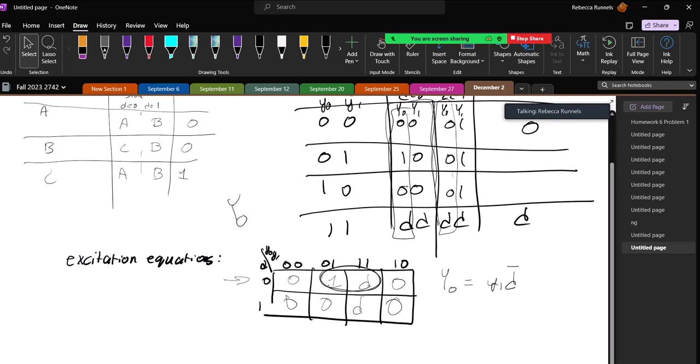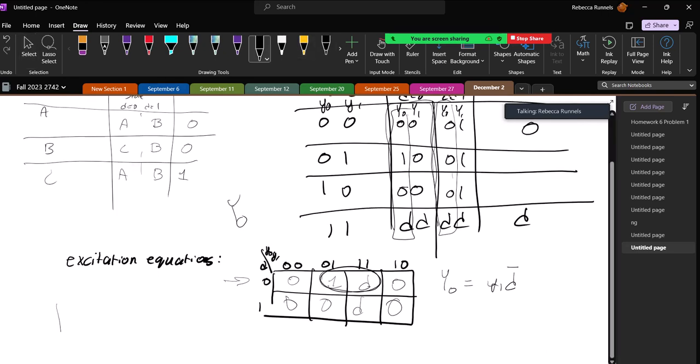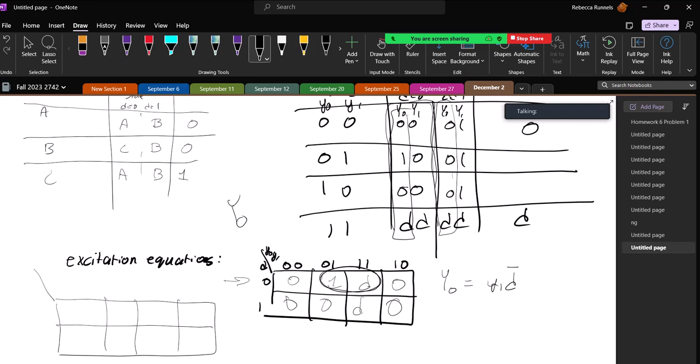Now I'll get Y1. So I'll do a Karnaugh map for Y1. y0, y1, and D. Okay, when D is 0, there's all zeros except for 1, 1, which is a don't care.